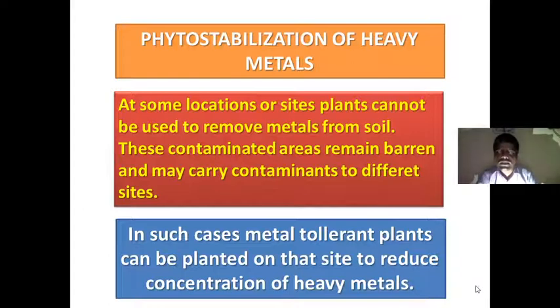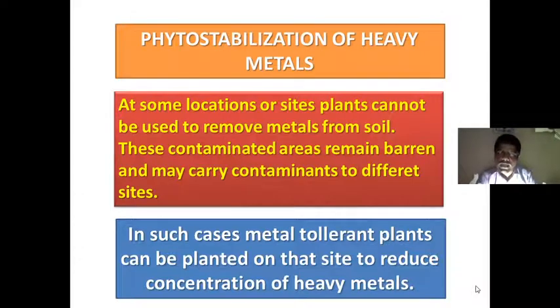At some locations or sites, plants cannot be used to remove metals from soil. These contaminated areas remain barren and may carry contaminants to different sites. So there are a few locations where we cannot use plants for the process of phytoremediation.